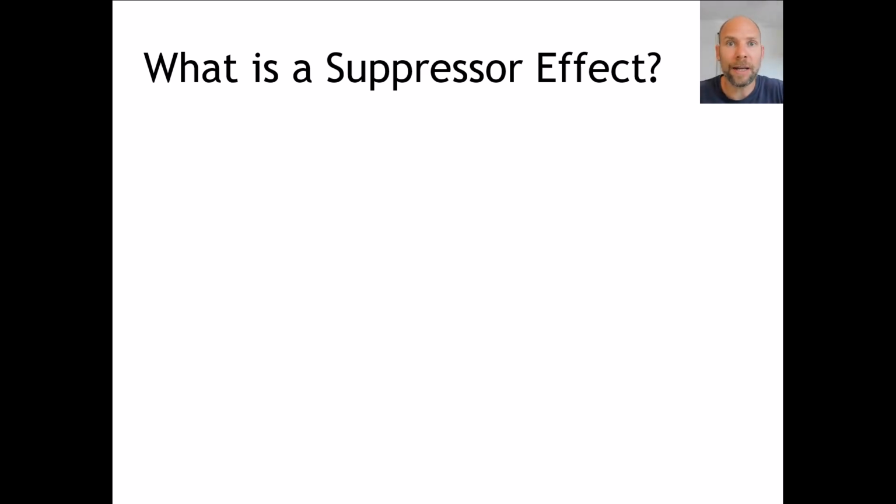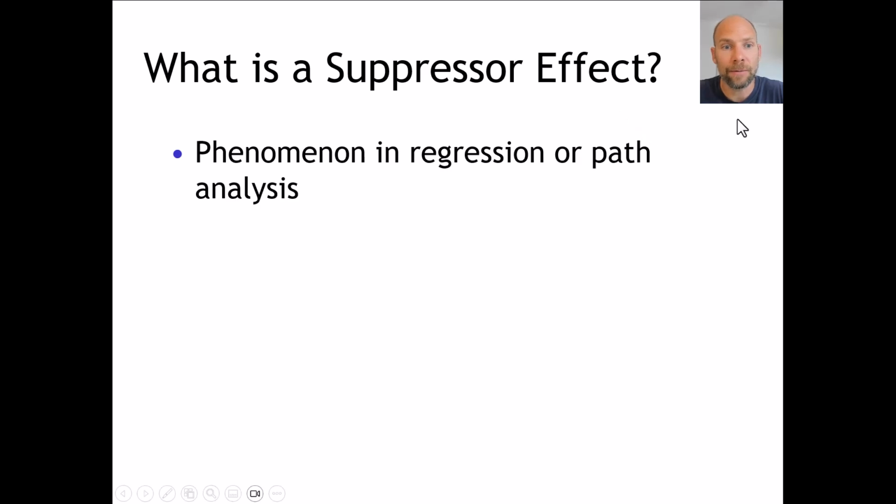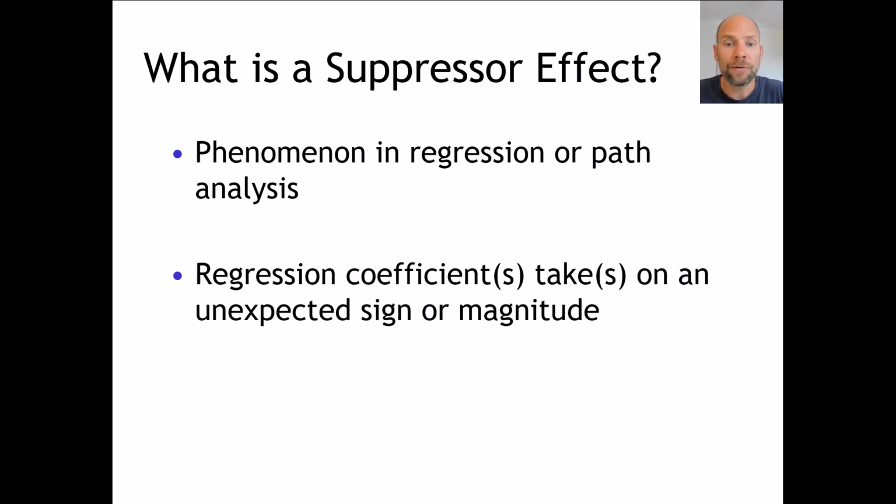So first of all, let me summarize what we've seen so far in terms of what a suppressor effect is. A suppressor effect is a phenomenon in regression or path analysis or related techniques such as structural equation modeling, where the regression coefficients take on an unexpected sign or magnitude in terms of the standardized regression coefficients.